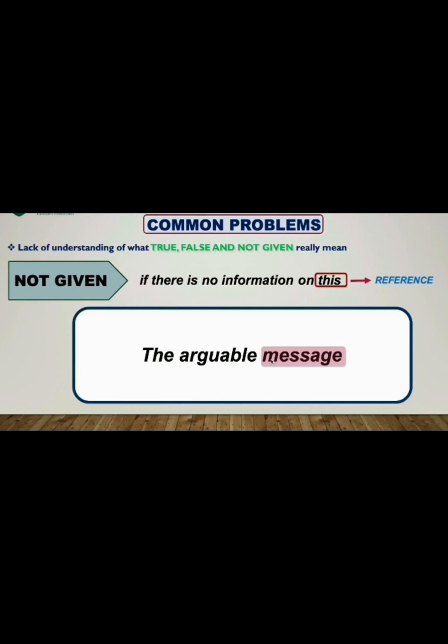And what is the easiest way to be pointed towards the arguable message? It is to not look at not given as if there is no information on this. This is confusing for lots of people. So we strike it out and begin to look at not given as if I don't know. So if I don't know about the arguable message, then my answer is a not given.